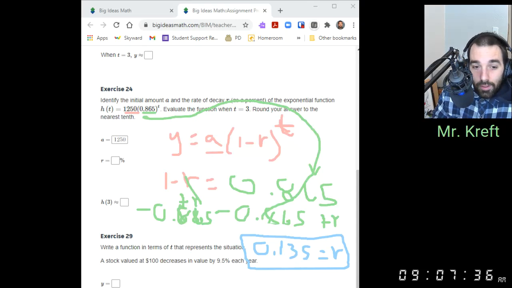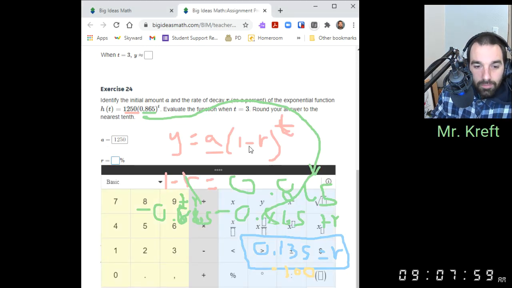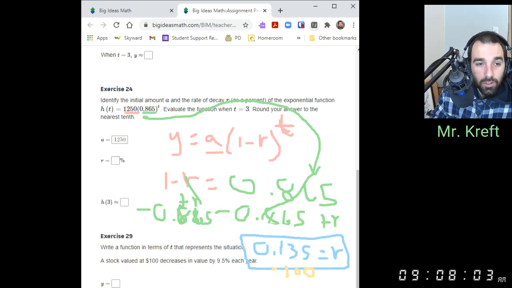The good news is I got R, but if we look up here, they want R as a percentage. So to get R as a percentage, we take this and multiply it by 100. Is it a 3 or a 6?